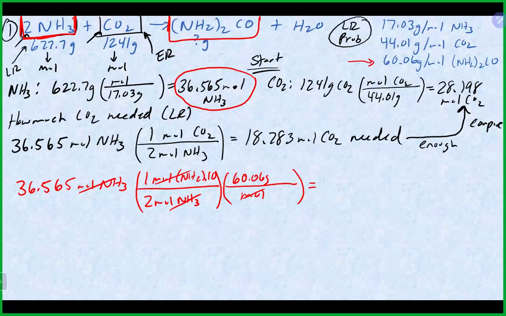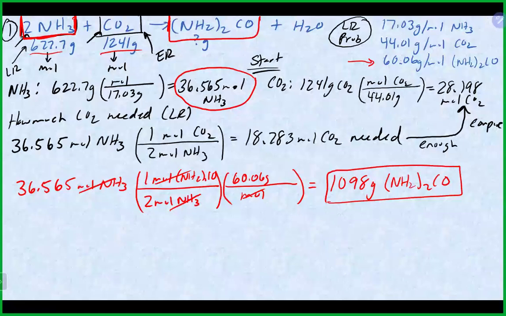And now if we take our 36.565 times 60.06 and divide it by 2, we're going to end up with 1098 grams of our product here. At this point, we can clean it up. And actually, in this case, it looks like that should be good. Everybody's 4 basically significant figures, so that will be good. This would be, once again, our theoretical yield in this case. Any questions on that there?